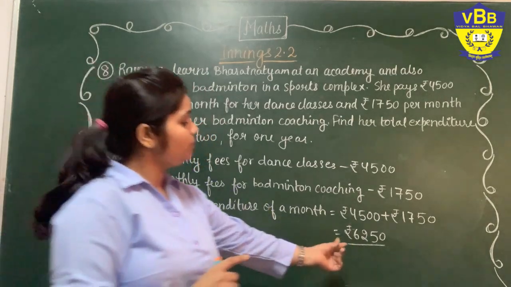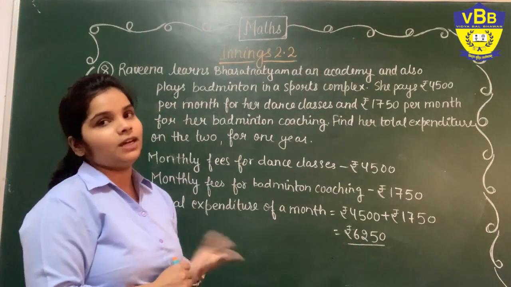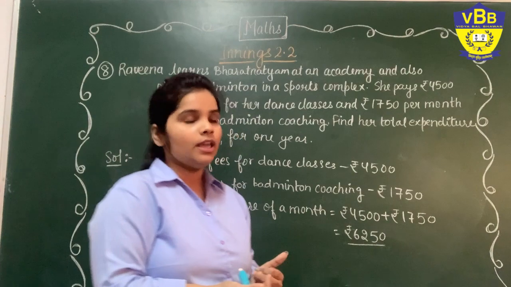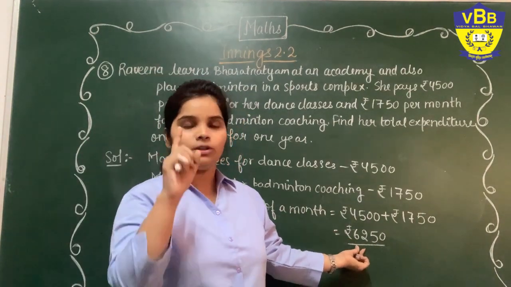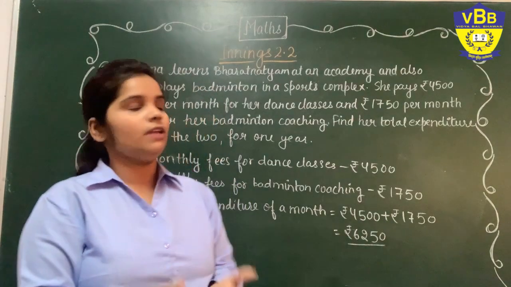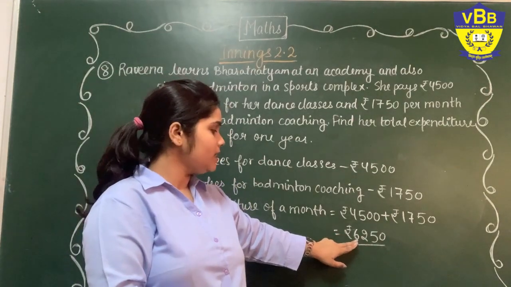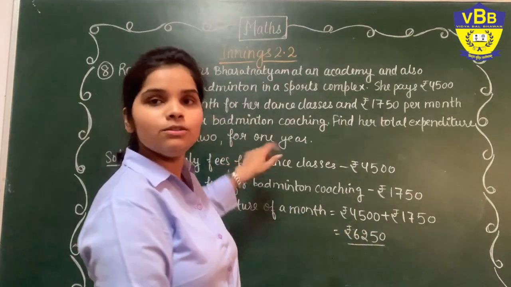Now it is about 1 month. The question is asking for 1 year. 1 year has 12 months. So what will we do? If she is paying 6,250 rupees for 1 month, what amount will she pay for 12 months? We will multiply 6,250 with 12.